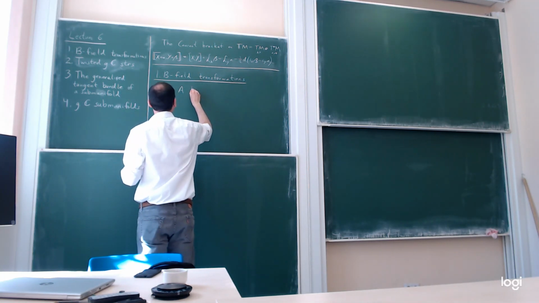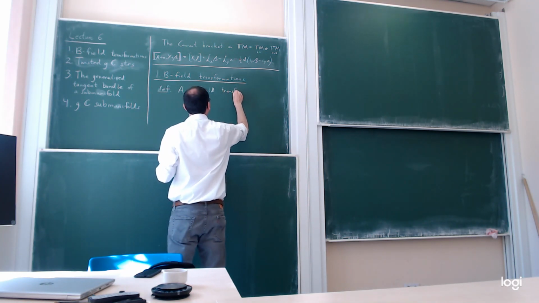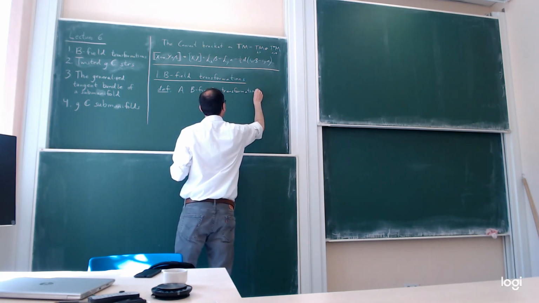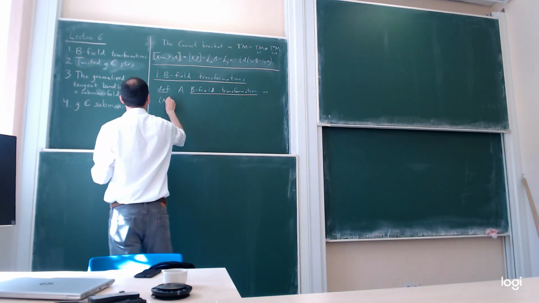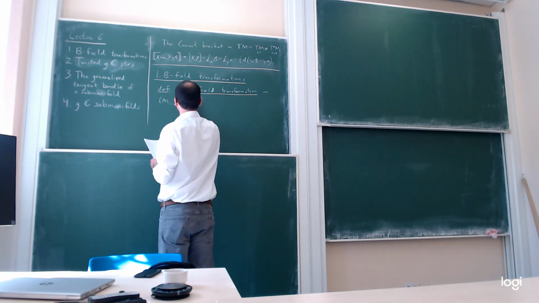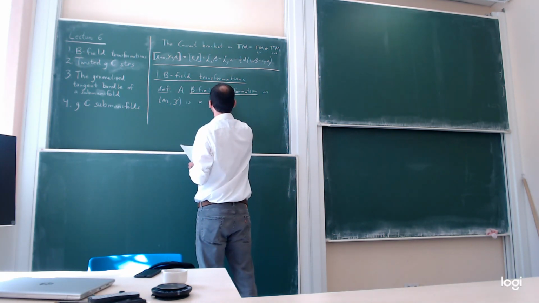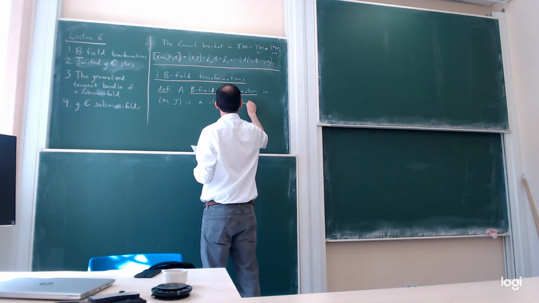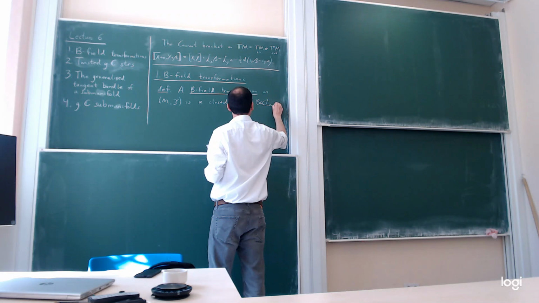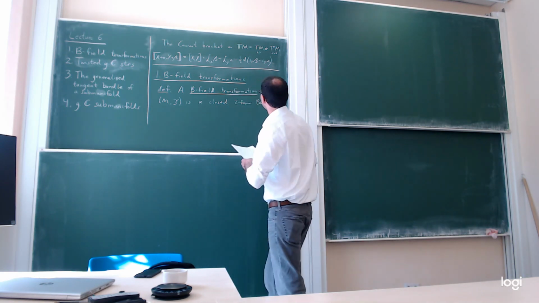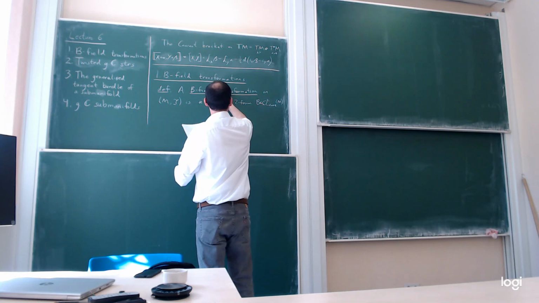A B-field transformation on a generalized complex manifold (M, J) is just a closed two-form B. So in fact, in the construction of a B field, I'm sorry, a B field, not transformation.